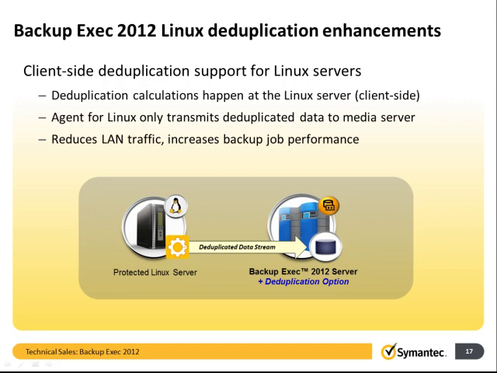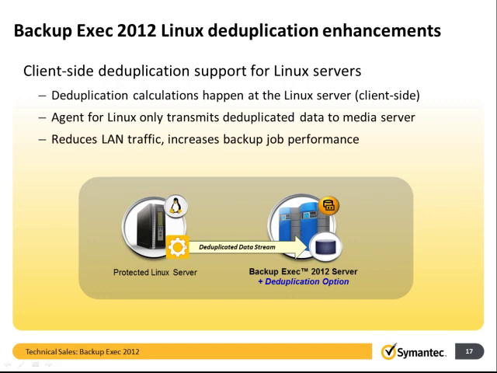Linux, as well, has gotten some attention in this Backup Exec 2012 release. Up until now, Backup Exec has supported server-side deduplication of Linux backups, which means the data is copied from the Linux machine to the server running Backup Exec, and then is deduplicated on the media server. However, Backup Exec 2012 now supports client-side deduplication for Linux servers.